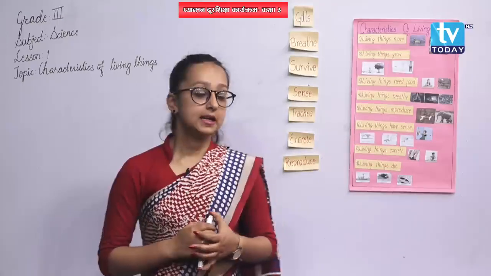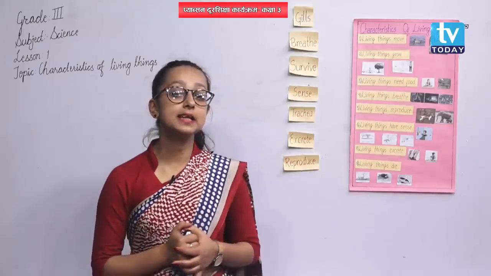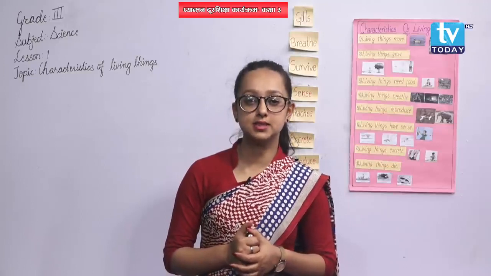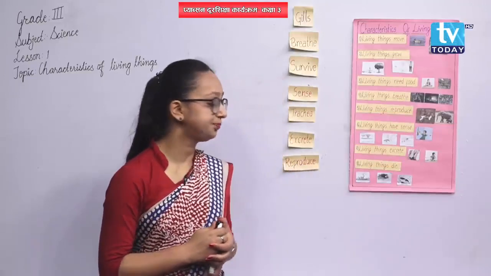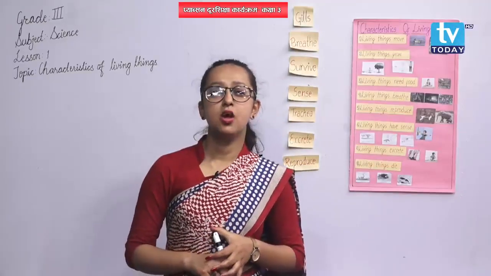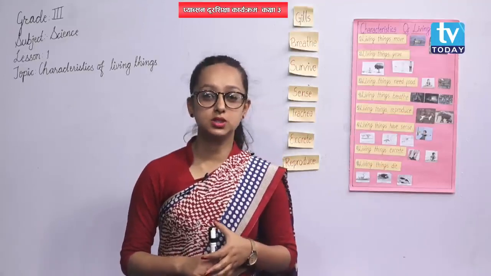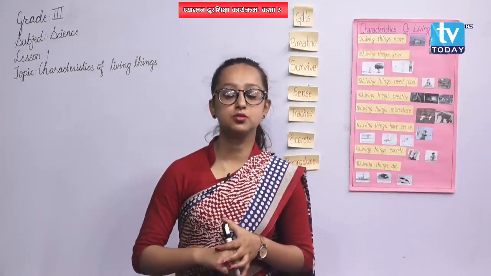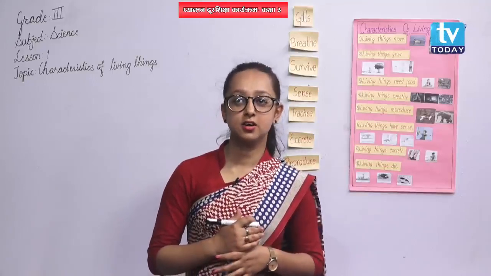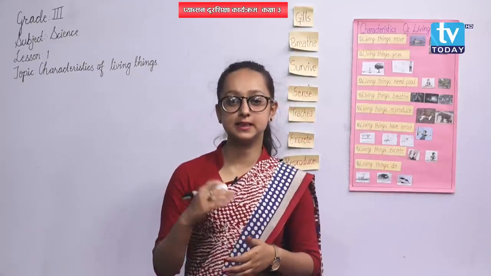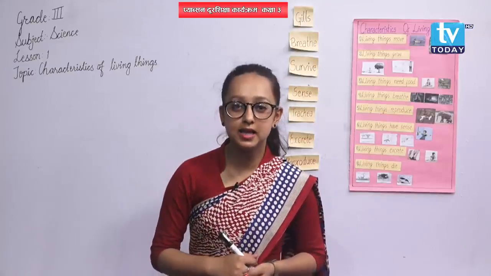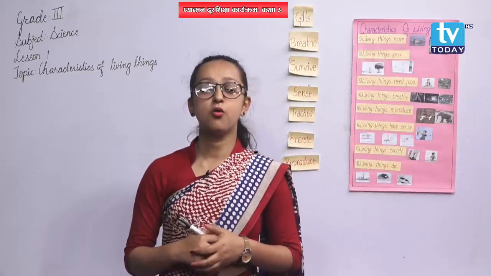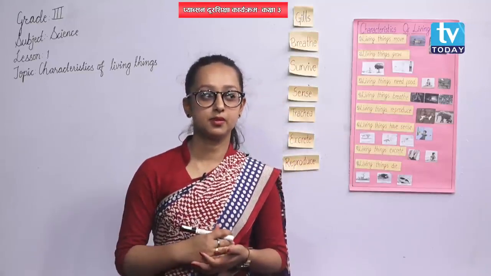So, in a similar way, living things die. Living things die is also the next characteristic of living things. Yes, we are not immortal. We are not here forever on this earth. We do have a certain lifespan. We exist on this earth only for a certain time.